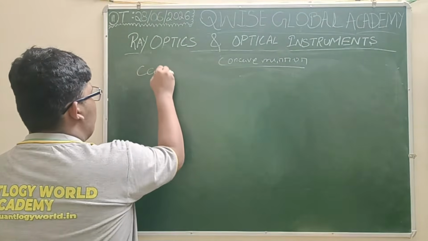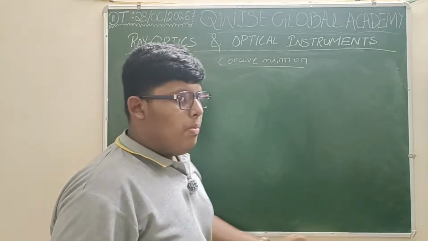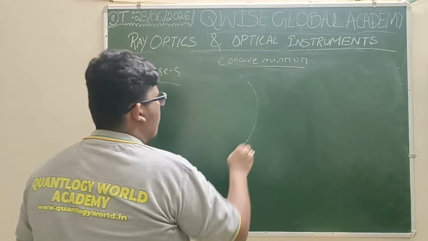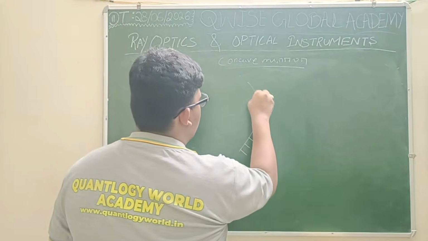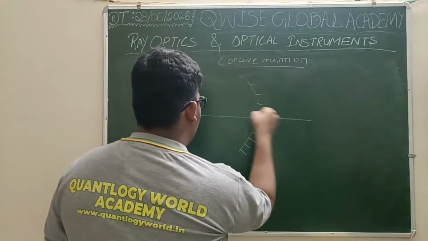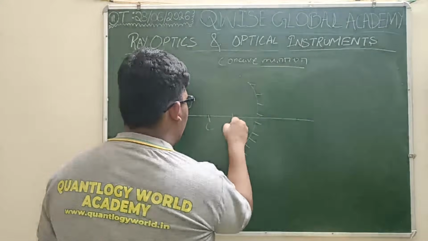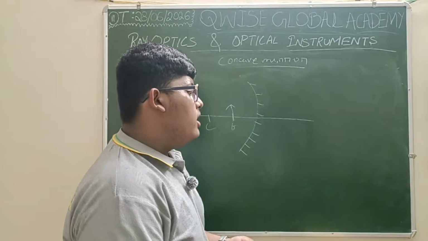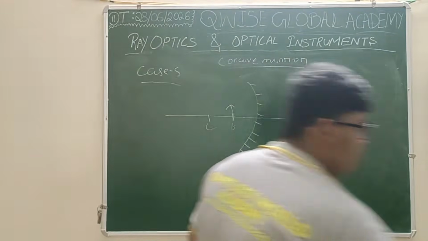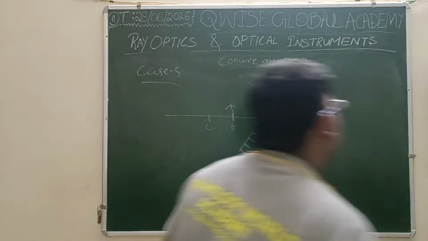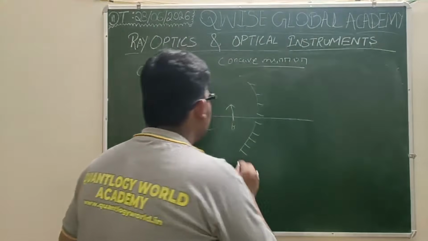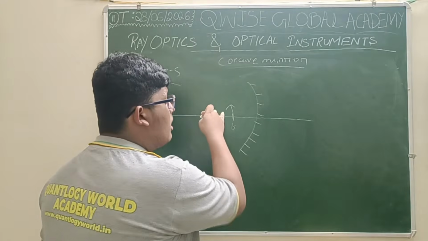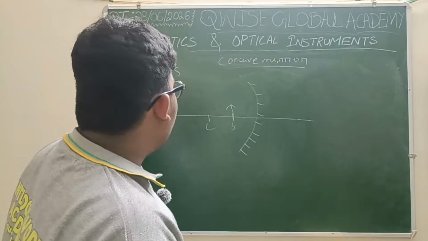Case 5. At F, when the object is standing at focus, the image will be real and inverted, but the position of the image is at infinity.